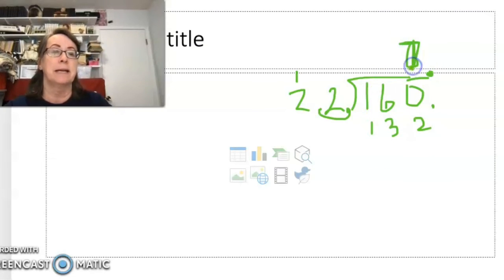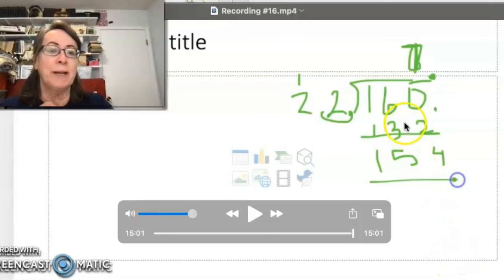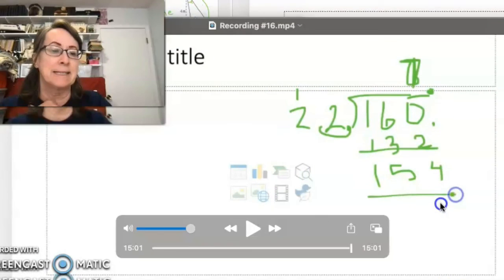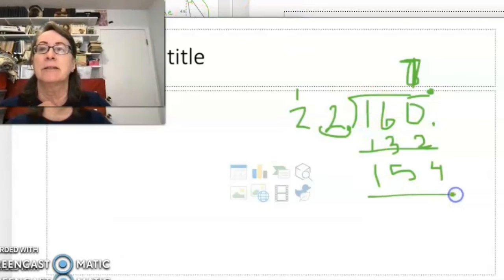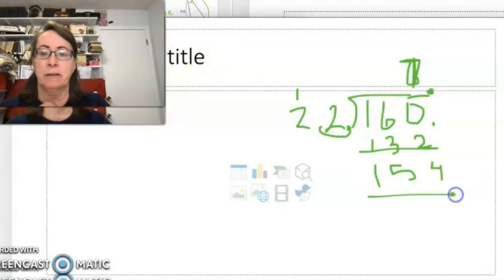7 times 2 is 14. We're trying again. 7 times 2 is 14. 15. Yep, 154. So all we have to do is say 160 minus 154 is 6. Okay, so I have to go and get a marker.